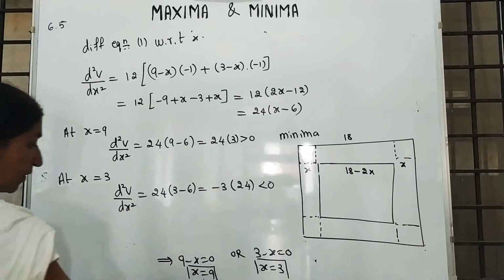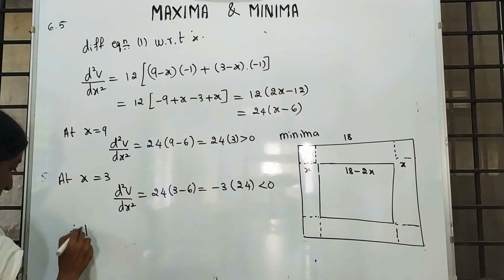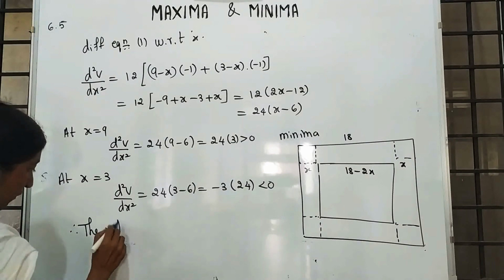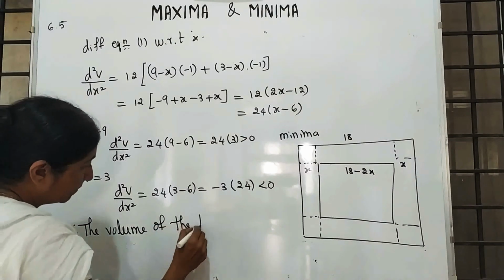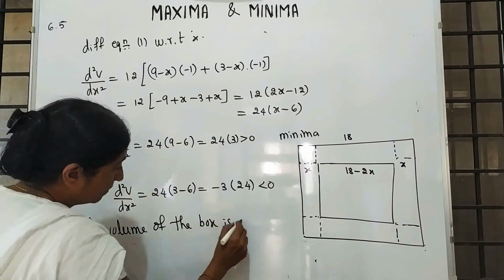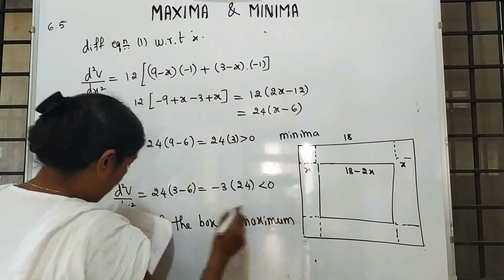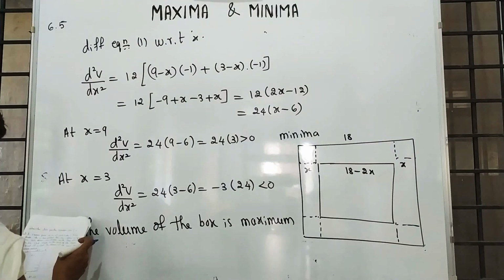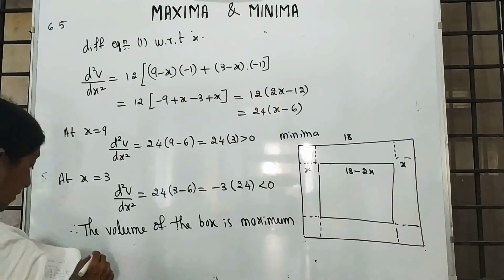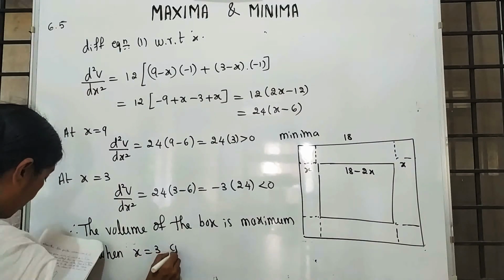Less than 0 means the volume is maximum. The volume of the box is maximum when x is equal to 3 centimeter.